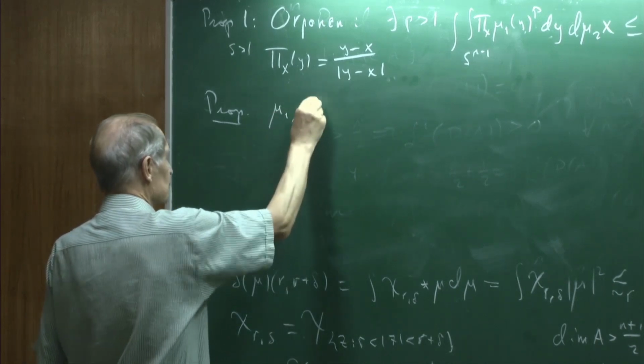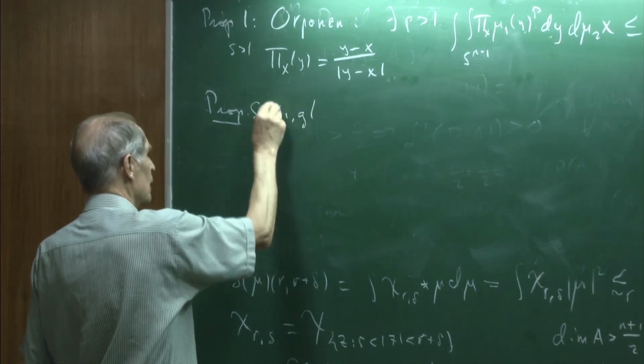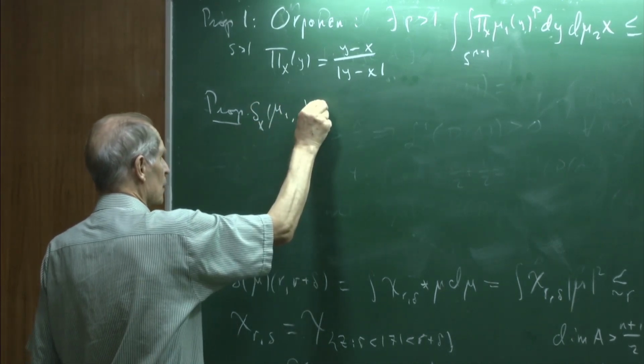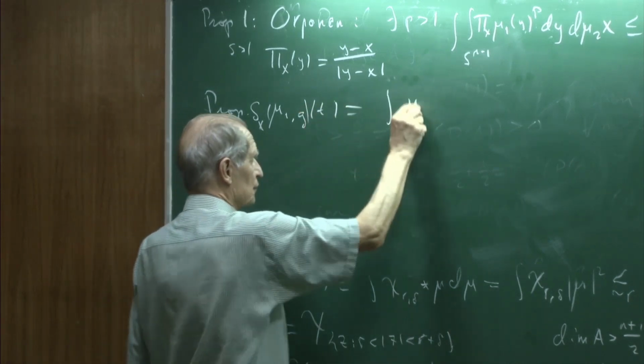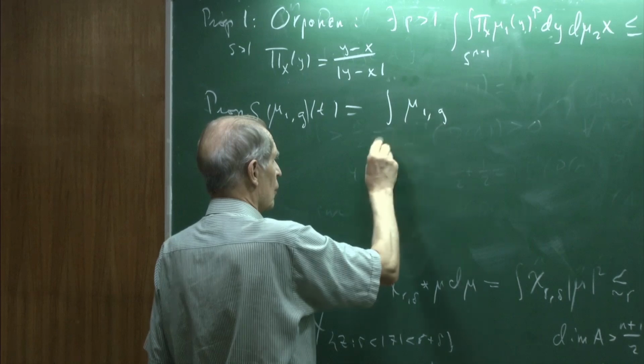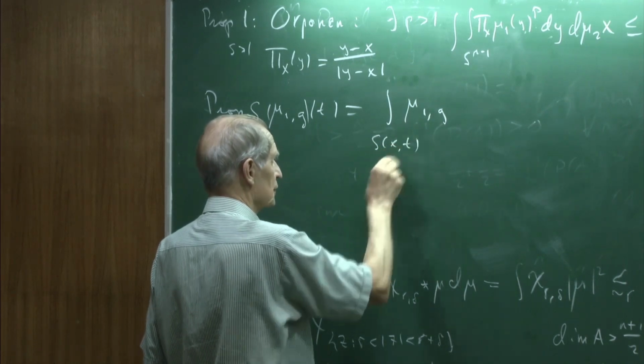Now when mu1 is a function, then this delta x mu1 of t is the integral of the Fourier transform over the sphere centered at x with radius t.